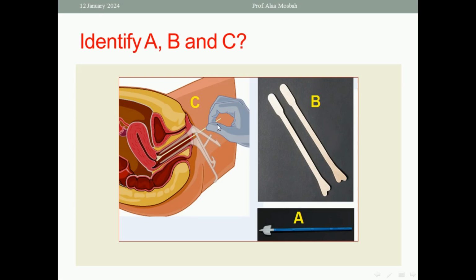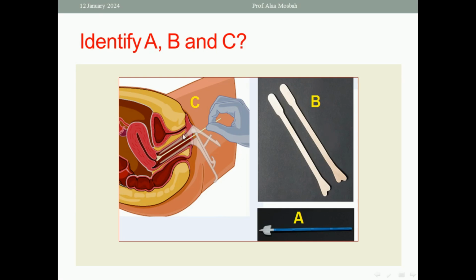Then insert the Ayre's spatula to the external os, rotate it 360 degrees, then another 360 degrees, then remove it without touching anything. Then spread the cells on a slide, spray with a fixative, and send to the lab for the PAP test, the Papanicolaou test, or PAP smear test.